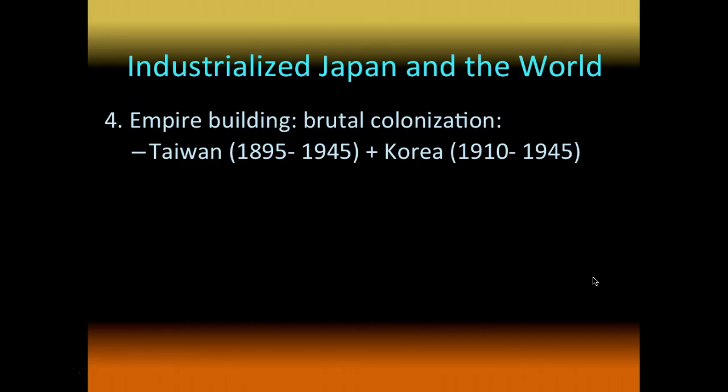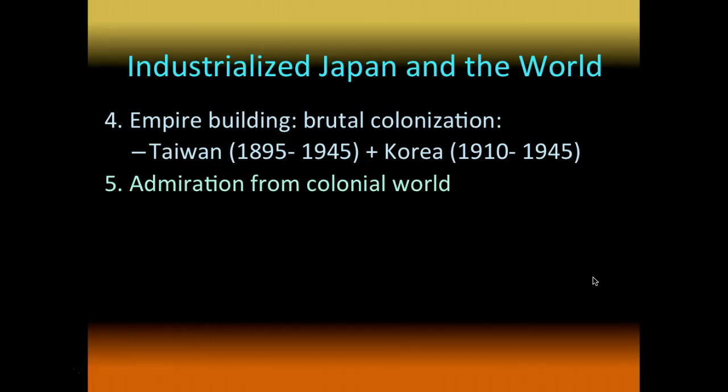They were brutal and cruel and did not treat the colonized peoples of Taiwan and Korea in a humane way. Many Taiwanese and Koreans preferred European colonialists because they were deemed more gentle than the Japanese. And that says something, because we've seen the extraordinary brutality that is Western imperialism in other parts of the world.